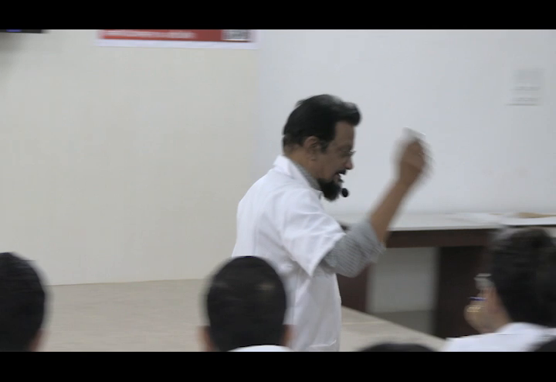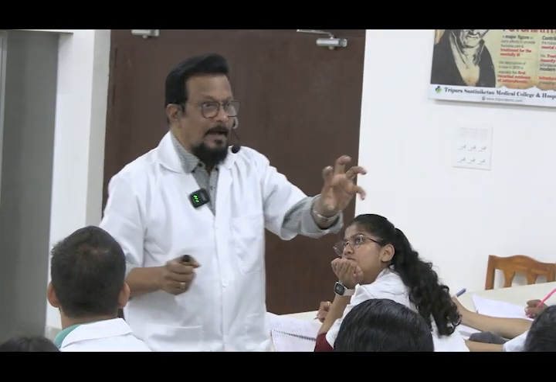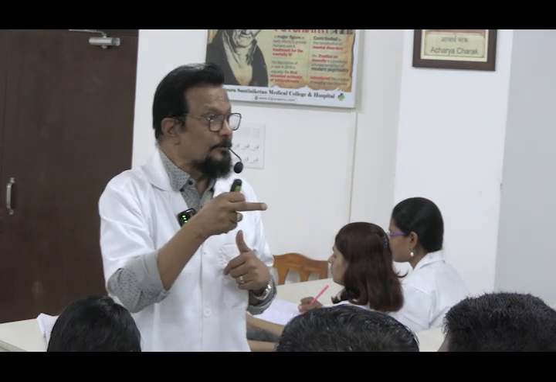So let's see what the innate index is. You have studied 100 neutrophils. Within these 100 neutrophils, there will be band, bilobe, trilobe, tetralobe, pentalobe, and hexalobe.